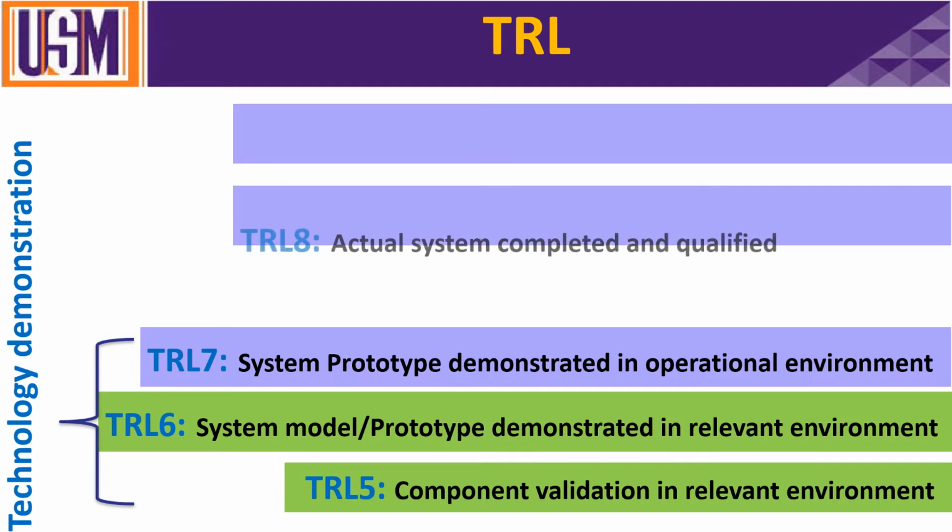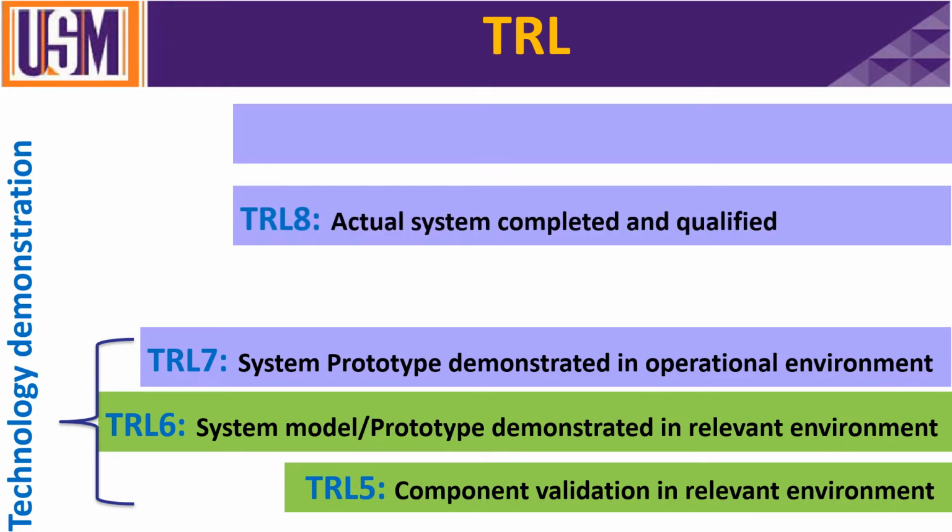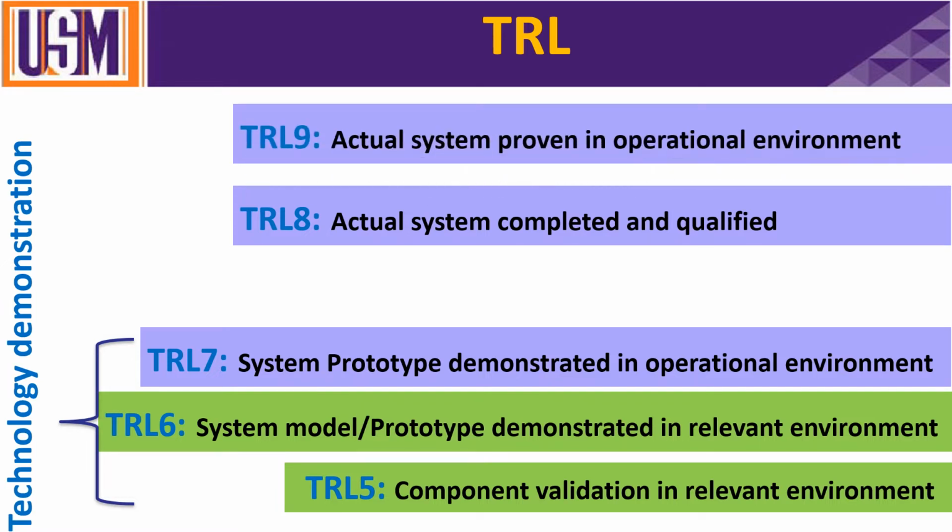Next is TRL 8, actual system, not prototype. If you have a smaller scale prototype, now you build the actual scale, but you do the qualification, troubleshooting, ironing out some issues for operation, reliability, life cycle. TRL 9 is the last one, the actual system proven in the operational environment.